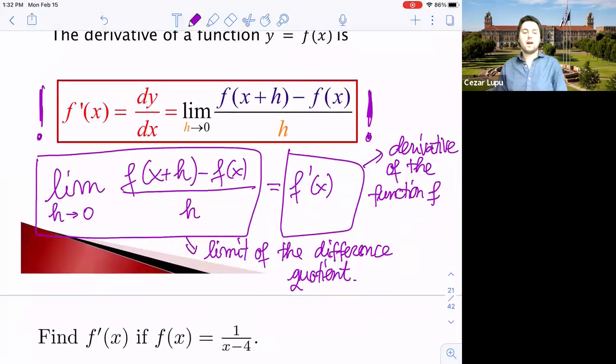I want you to look at this guy. So using this definition, and I would like you to think of this example. Using this definition, find the derivative of f when f of x is 1 over x minus 4. So I'm going to give you a couple of minutes to think of this. You have the definition here in front of you.